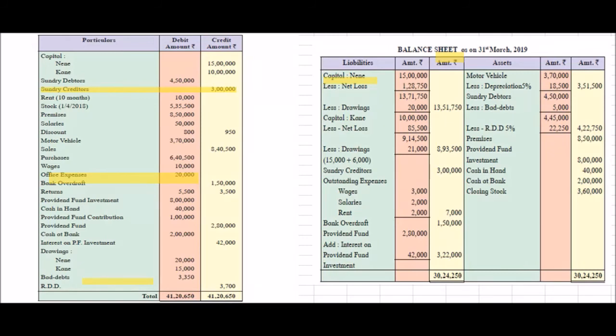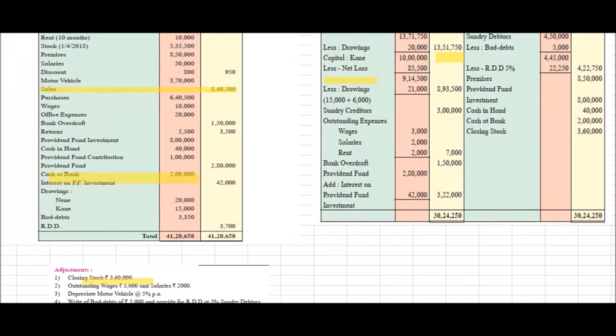For the outstanding expenses we have adjustments also. What entries are coming in our outstanding expenses? Wages we had an adjustment, and salaries also. You can see here wages they have given 3,000 rupees, salaries 2,000 rupees, and rent 2,000 rupees. Altogether it becomes 7,000 rupees.